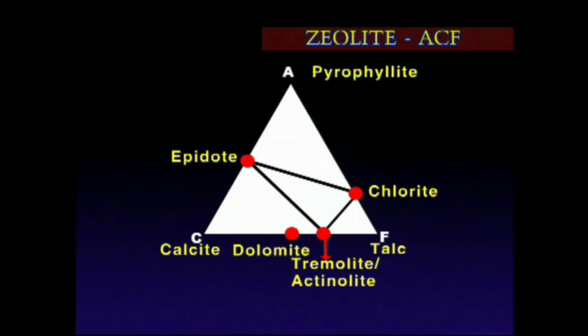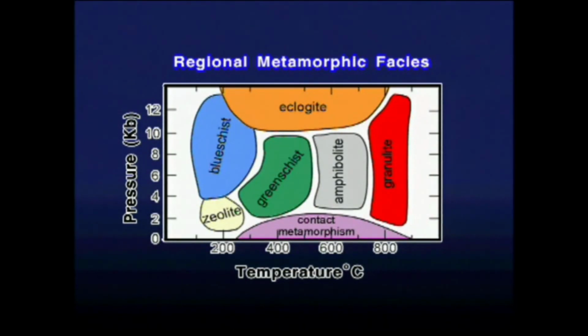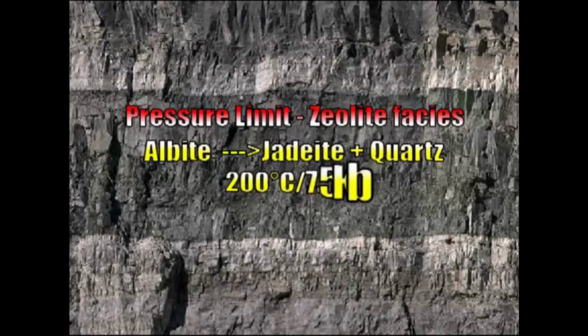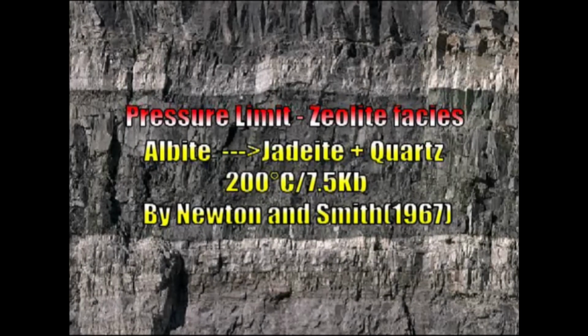And on the basis of different reactions, we can say the upper pressure limit during zeolite phases metamorphism can be recognized by the following reactions. Albite changes into jadeite plus quartz at 200 degrees centigrade 7.5 kilobar, 300 degrees centigrade 9.5 kilobar, by Newton and Smith in 1967.